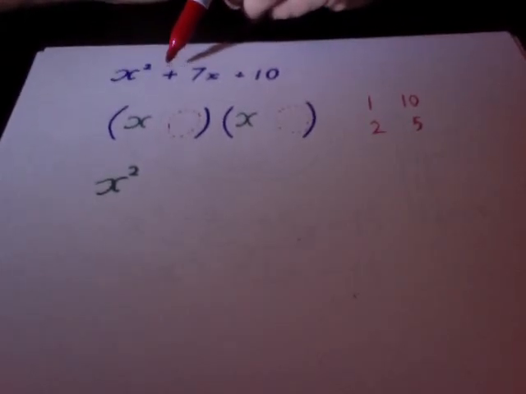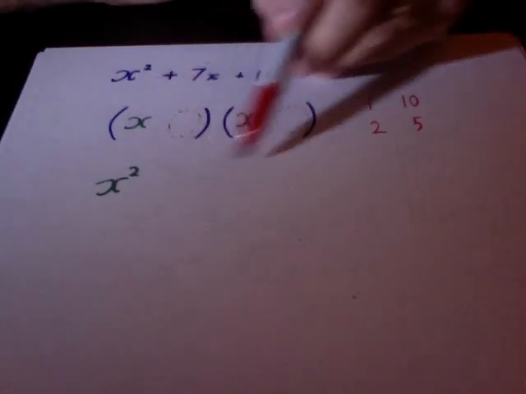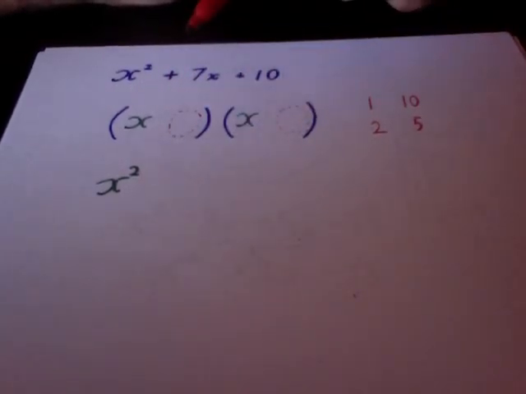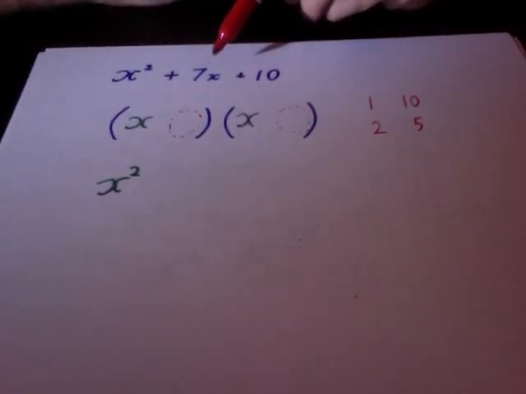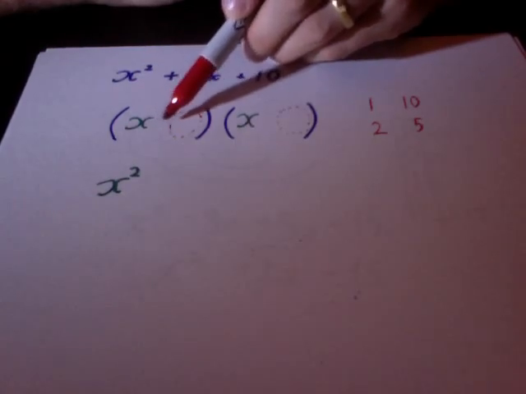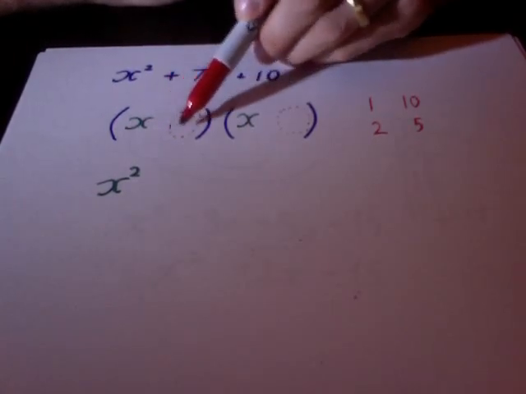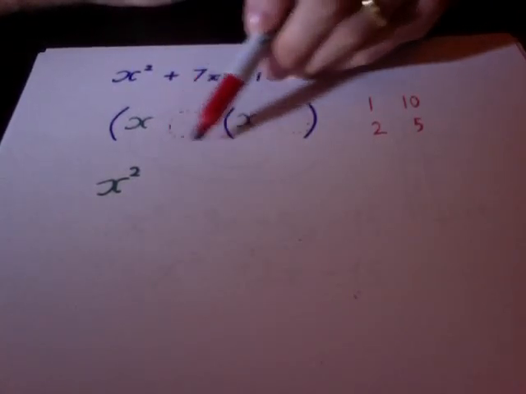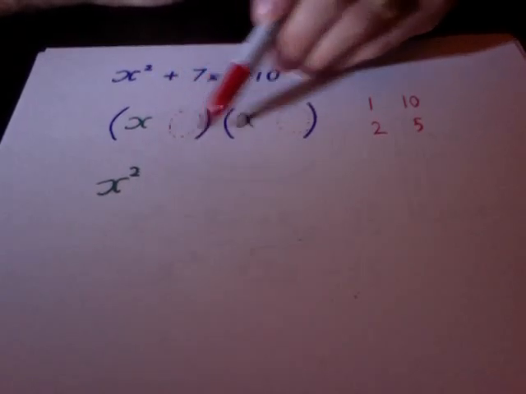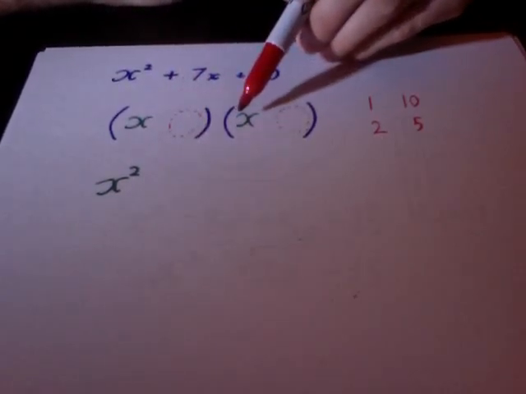This plus sign, however, tells me that the outside pair and the inside pair are going to combine to make plus 7x. So if I have a plus sign here, this number here will make an inside pair of plus something times x. That will give me some positive x's.